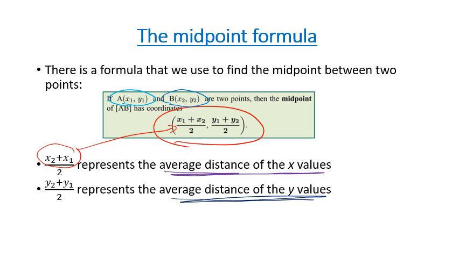It doesn't particularly matter which way you do it. The formula recommends doing x1 plus x2, so do your first coordinates first, obviously makes sense. So what you might prefer to do is rewrite these as x1 plus x2 all over 2 and y1 plus y2 all over 2. It'll give you the exact same answer.